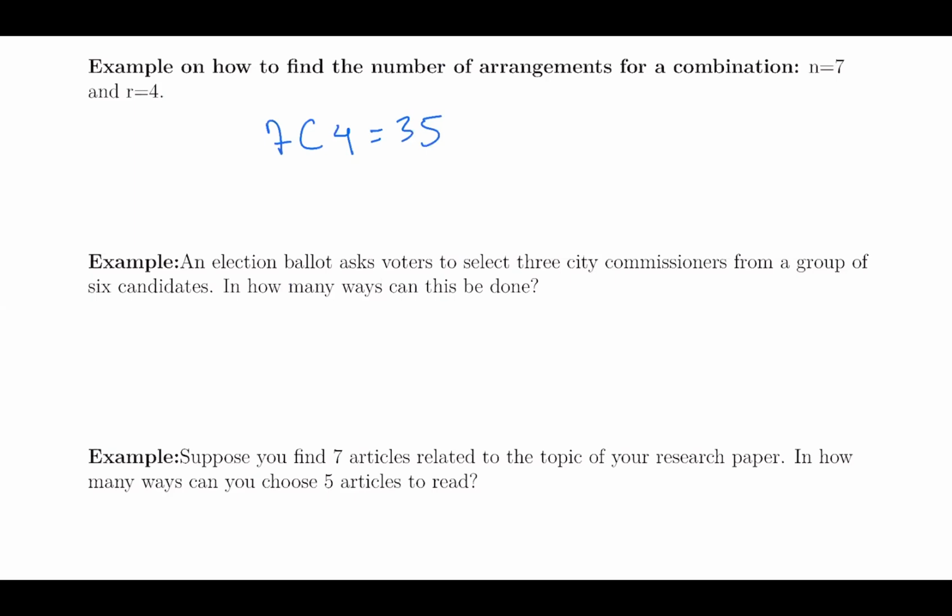But does it really matter who I pick first to be city commissioner, or second, or third, or are they all the same? For this one, it should be all the same, because it doesn't matter who I pick first, second, or third; at the end of the day, they're all just going to be city commissioner. So what you have to decide is, how many people do we have to choose from?